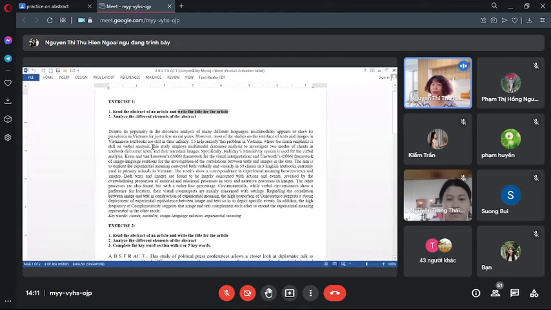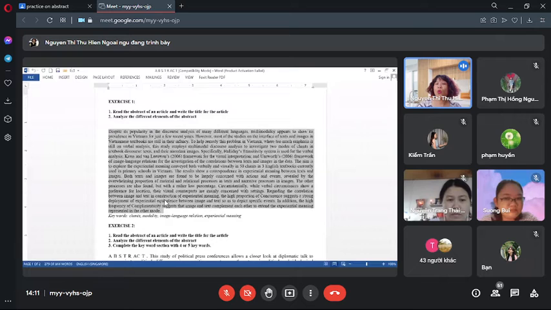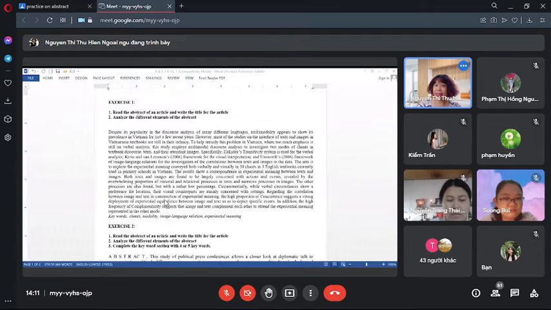For the article, right? So it means that you have to read the whole abstract carefully, and then you have to understand what is the topic that you are going to do the research on if you are the owner of this abstract.